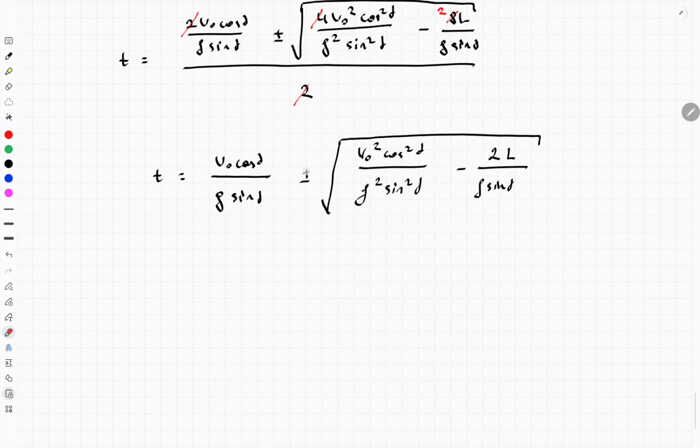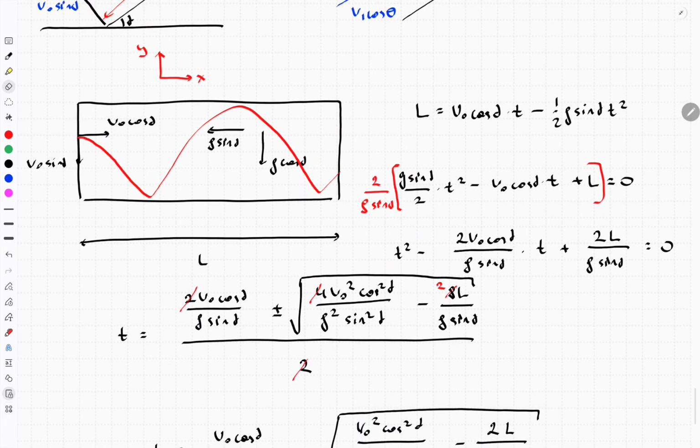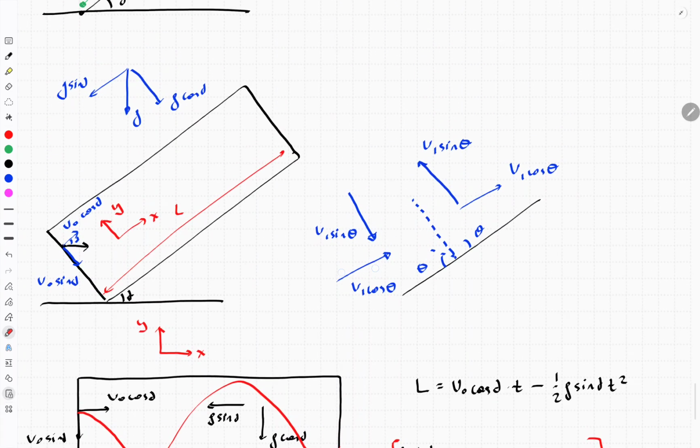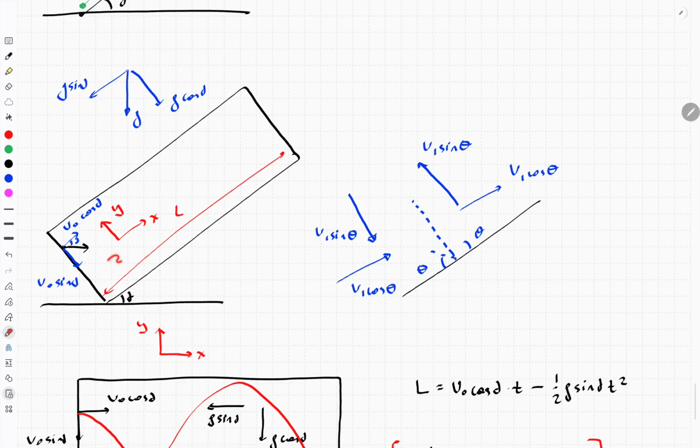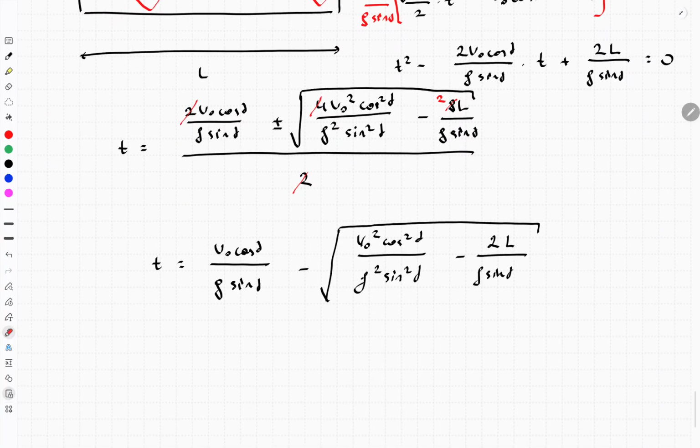We cannot accept the plus sign here. We need to remove it because it cannot come back, because we have other forces, so it will change its direction. It cannot come back exactly to the same tube, because if you remember, the tube is like this, so it will leave and change its direction. So we need to accept only the negative sign, the smallest value for time.